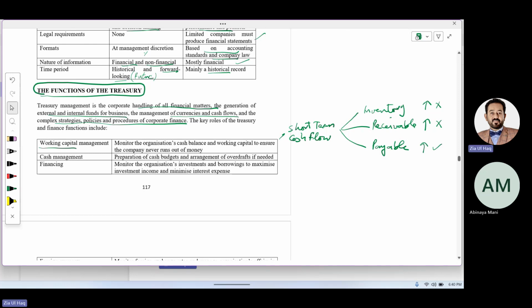Cash management. How much cash business should keep in hand and in bank. Or cash, if you are short of cash, you can manage through bank overdraft. What is overdraft? If your bank balance is zero, bank allow you can still withdraw money from bank. That is called overdraft.